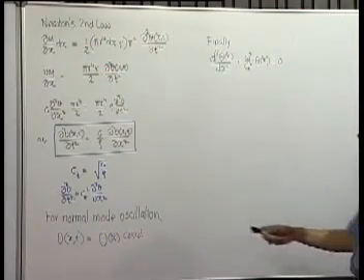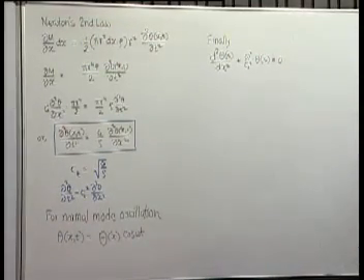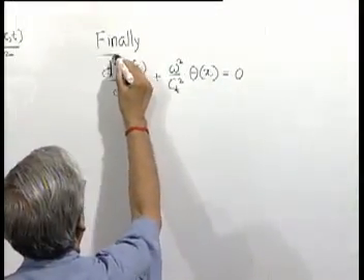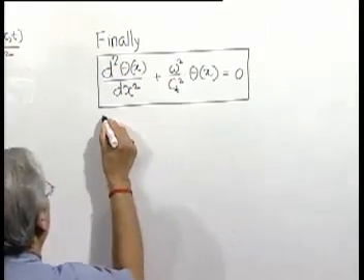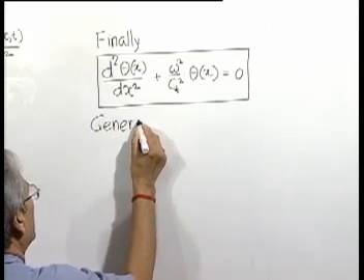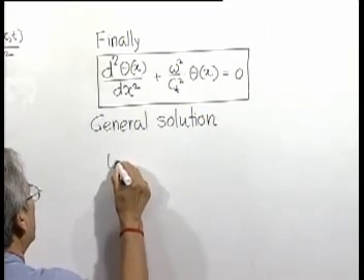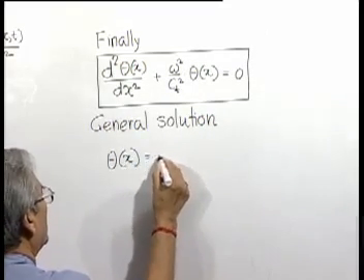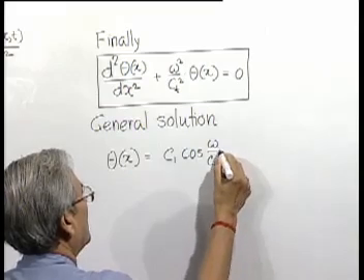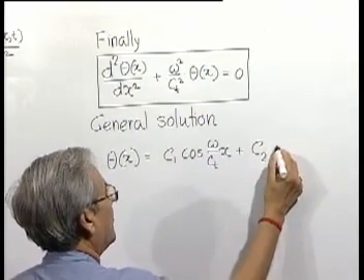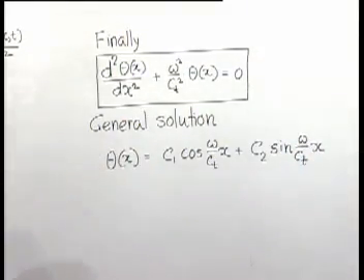So when you substitute this theta here and cosine omega t gets cancelled, this is the equation we get, and the general solution will be as before.